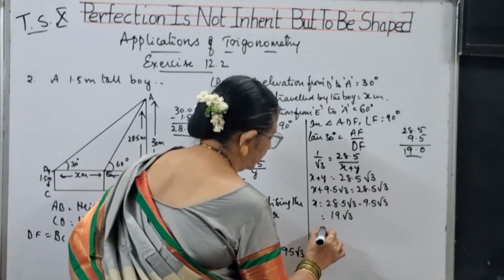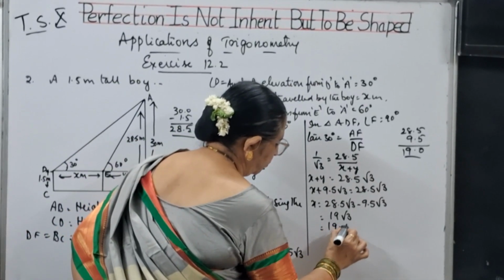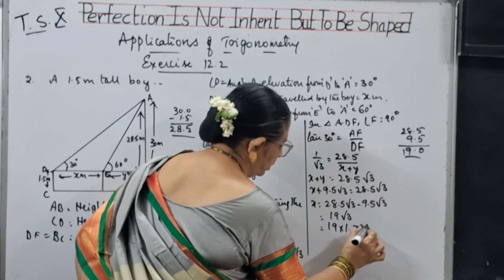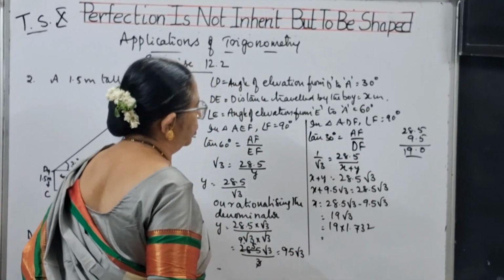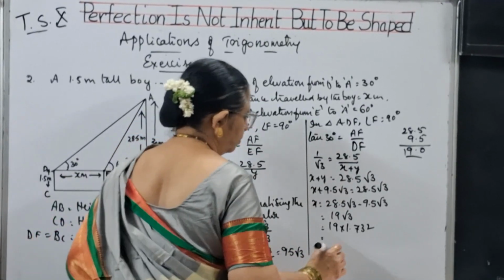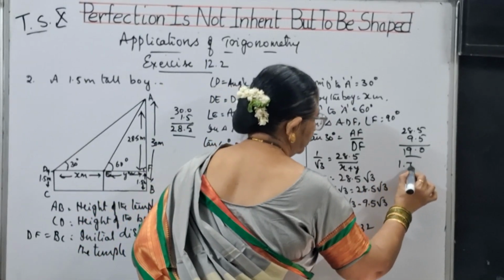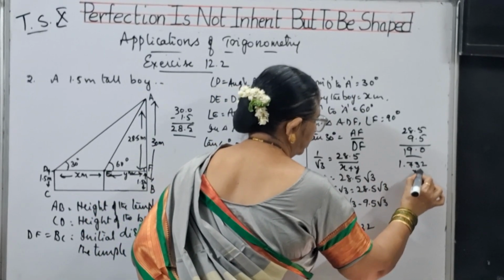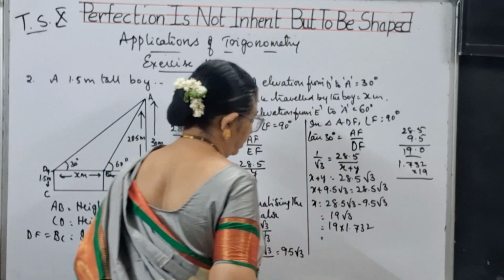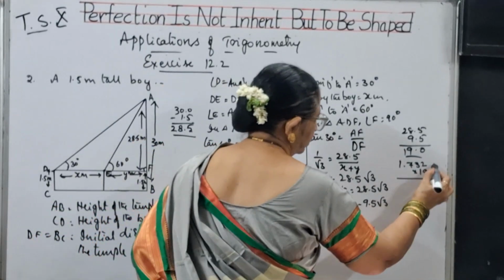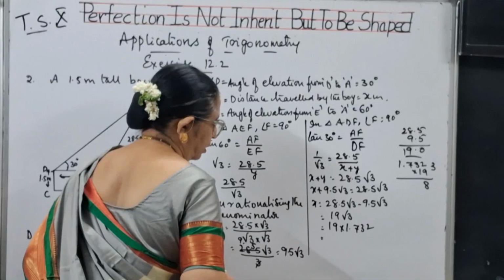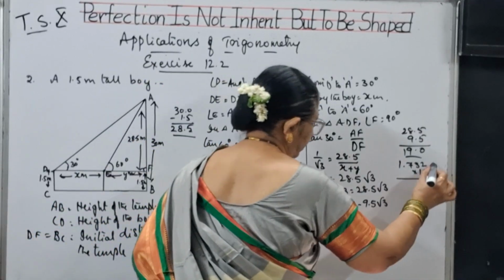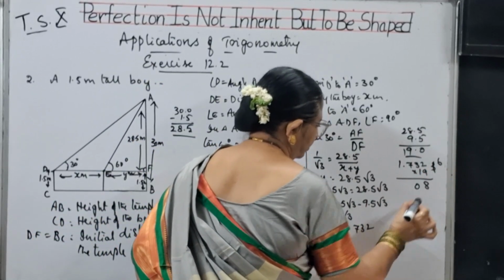So you can take it as 19 into 1.732, where the root 3 value is 1.732. 19 twos are 38. 19 threes are 57. 57 plus 3, 60.